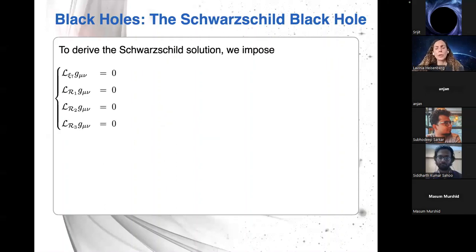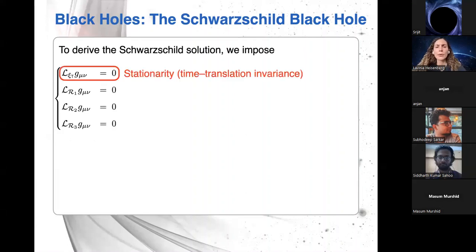What you have to impose is basically that your metric satisfies certain conditions, that the Lie derivative associated to time translations and rotations vanish. The first condition is stationarity, which means you have a time translation invariance in your background metric.